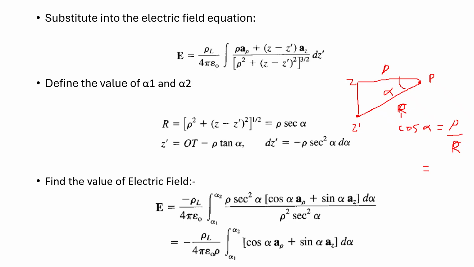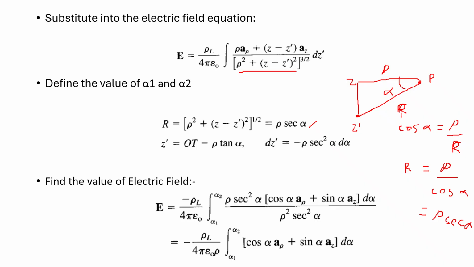Then to get the R term, you bring R over: R equals rho over cos alpha, and the inverse of cos alpha gives rho secant alpha. So R is equal to rho secant alpha.